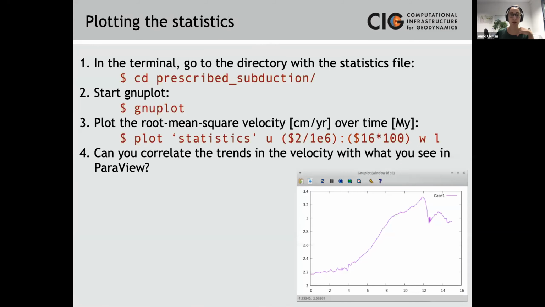What we can also do is have a look at the root mean square velocity over time, because this is printed in the log file, the velocity statistics, but also in the statistics file. And this you can find in the output directory, so it's called prescribed subduction. And you can plot it with Gnuplot again.